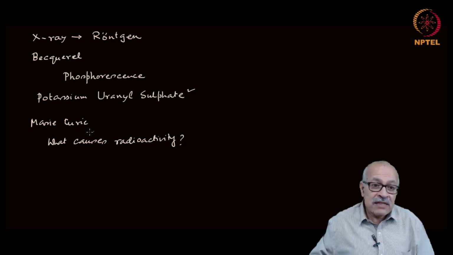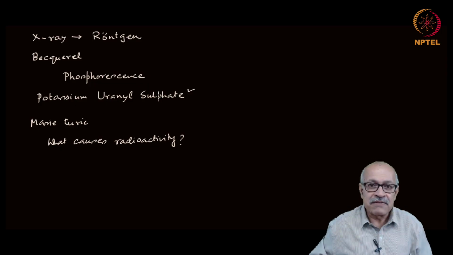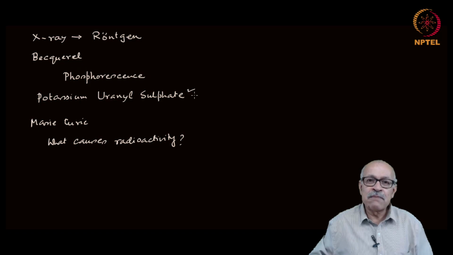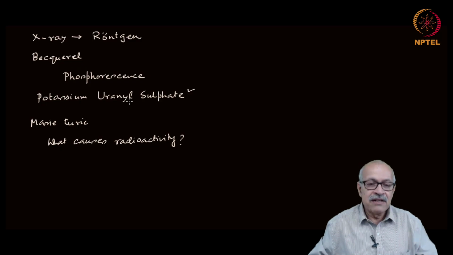Now, notice that when she started the work, it was known that potassium uranyl sulfate emits radiation. So, the natural question is, is it the property of the whole compound, or is it the property of the elements in it? In order to test, she created a few compounds of potassium, a few compounds of uranium, and a few sulfate compounds.